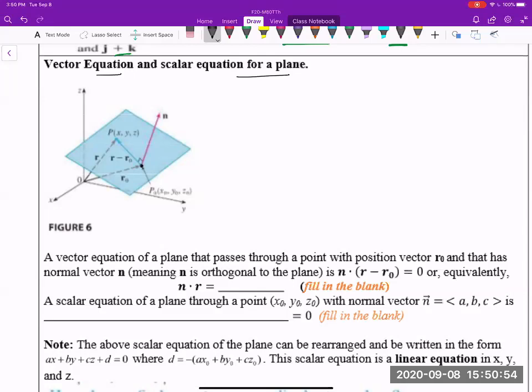So just the way we did a line with a direction vector, in order to write down the equation of a line, instead of the word slope, we use the word direction vector. Here, to write down the equation of the plane, we need a normal vector.